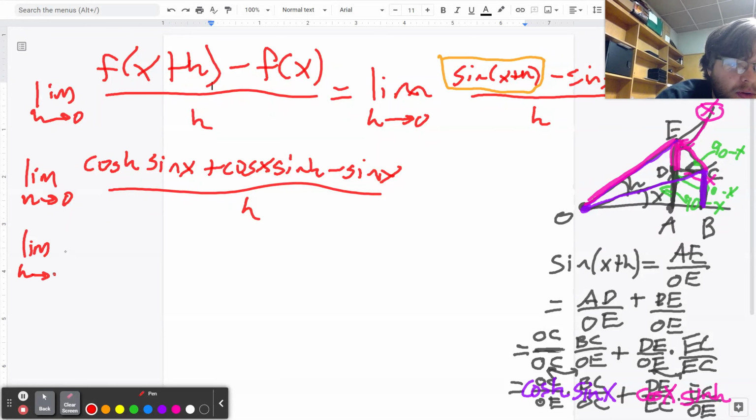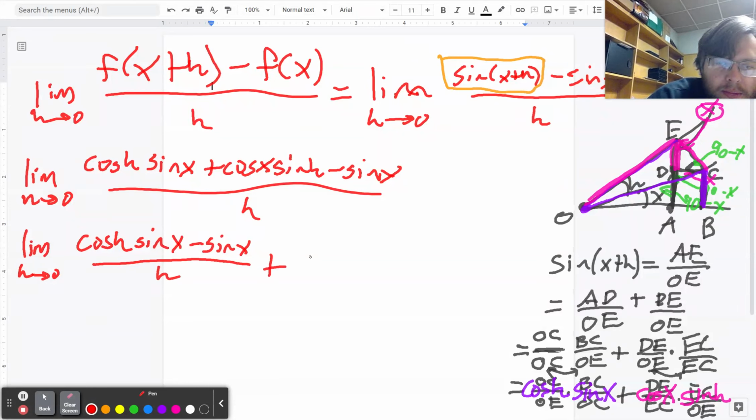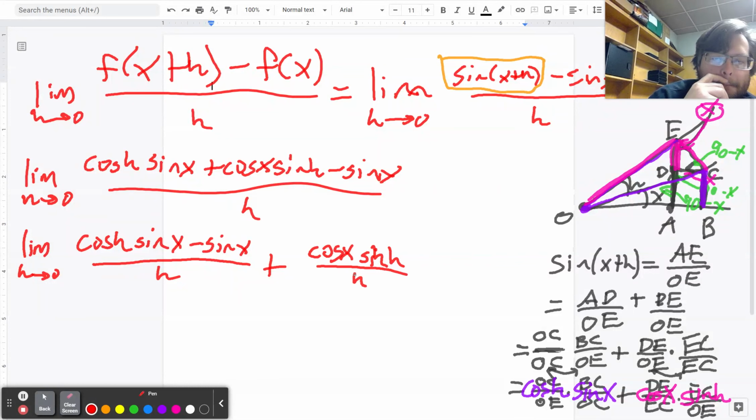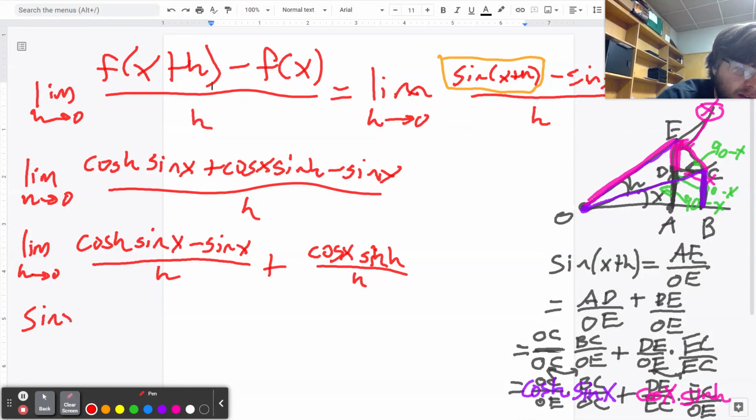Limit as H approaches 0 of cosine H sine X minus sine X all over H, plus the other piece, cosine X sine H over H. This one on the left has a sine of X in common, so I can factor that common piece out in front of the limit. You might be wondering, wait, how can you factor out something involving X in front of the limit?